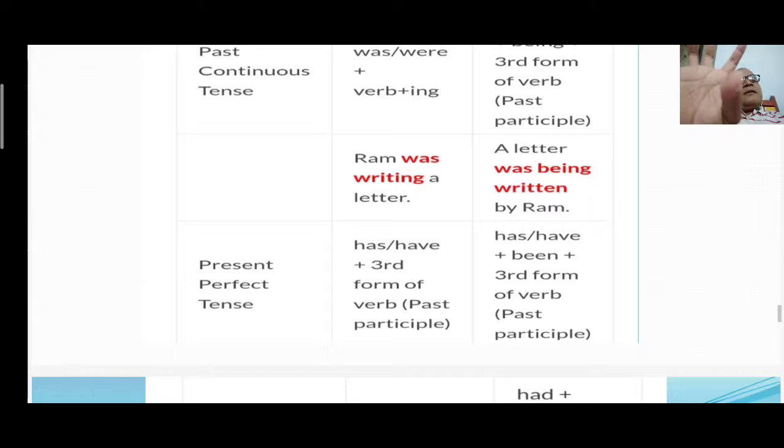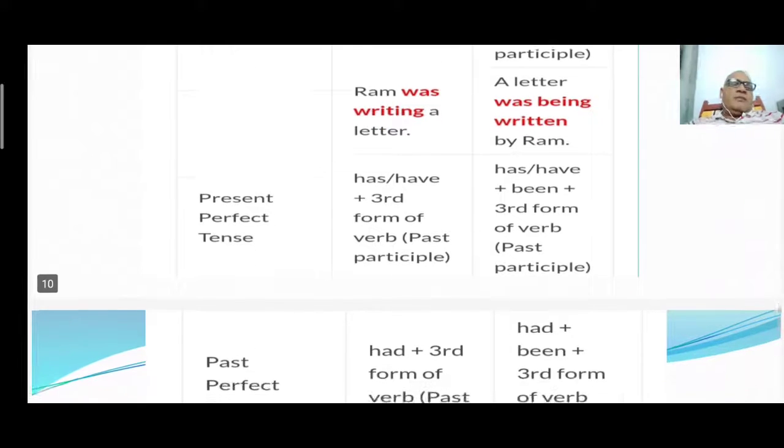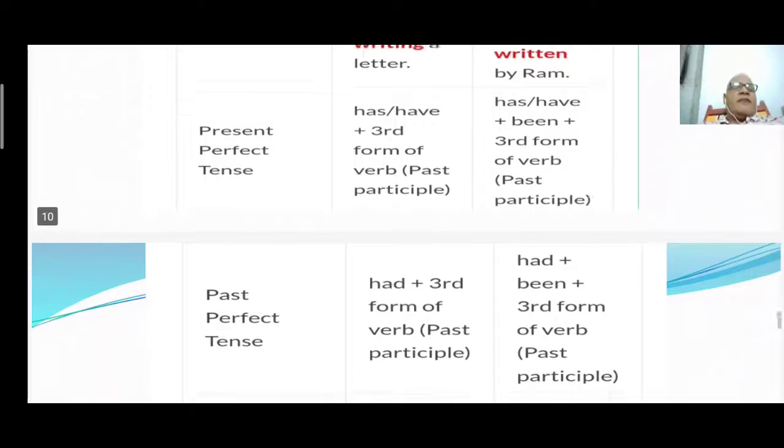Here it depends on both sides. If the subject is plural, we can use have in both cases. If the object is singular, we can use only has. If it is plural, have. Like vice versa, we can see such a change. You can just identify it here.